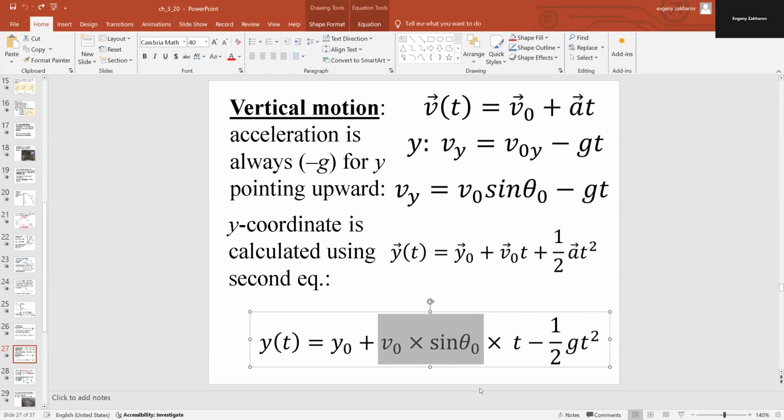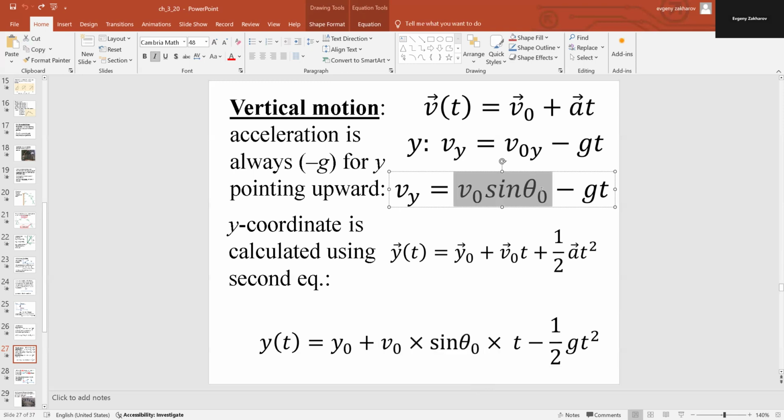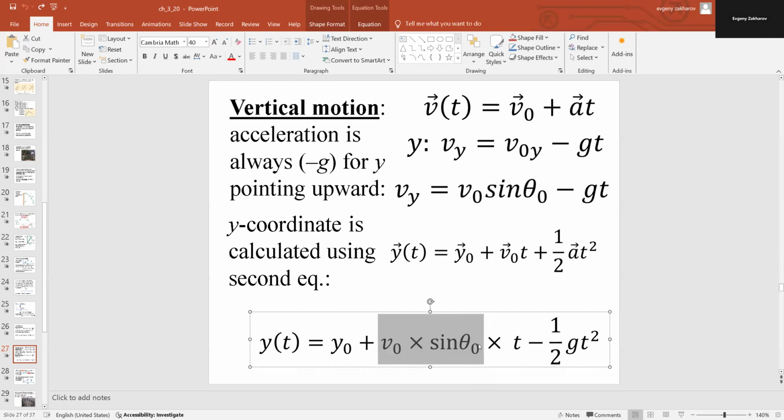Your initial velocity has now sine function, not cosine, as for the velocity equation. Time is time. Pick a moment of time. That's what going to be the t value here. And the acceleration is once again negative g, but there's 1/2 in front, and t goes squared. So this is your general equation for vertical part of the projectile motion.